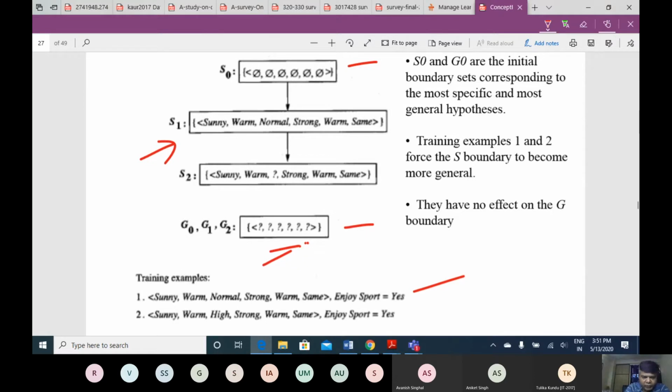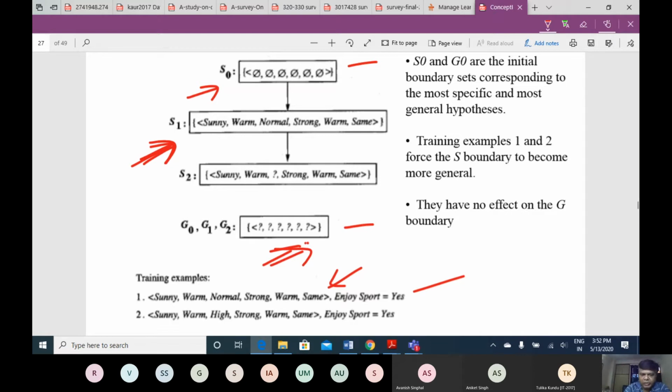Based on these specifications, we got a yes case, and our specific boundary is one that has no yes case. So we want to make it closer. Our most specific boundary is now this. After getting this positive, we are going more general, and for this particular case we have got the positive and this is still most general.